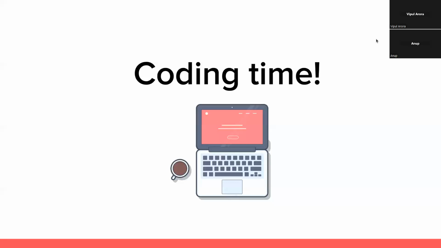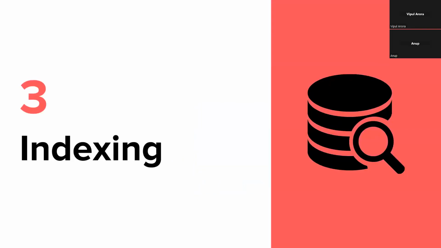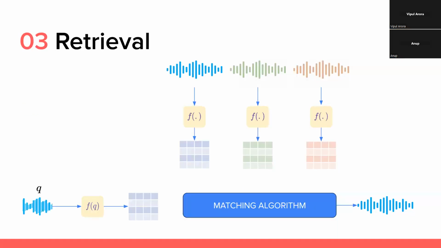So I just wanted to show you how we are getting these fingerprints for an audio file. Now comes the last component of the audio fingerprinting system. What is the search task? You have an audio query and you want to find the most similar audio from your reference data files.